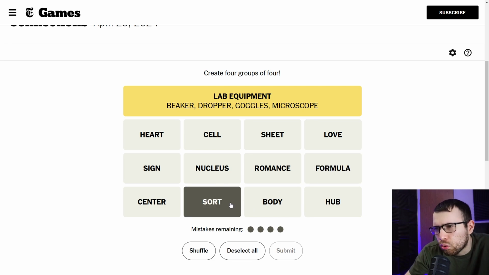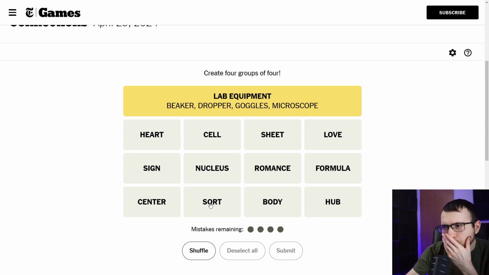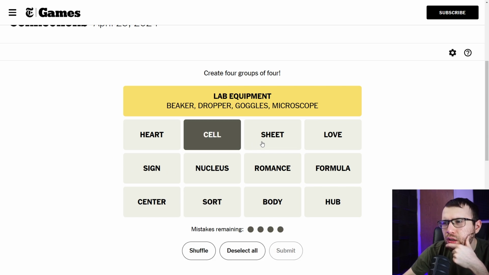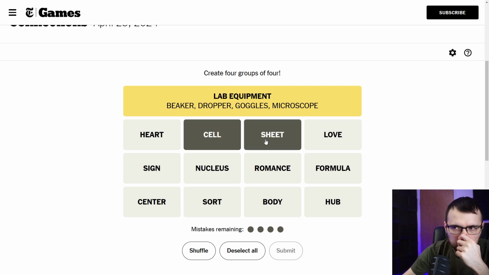I don't have anything for sort yet. A cell, a sheet, and a formula.